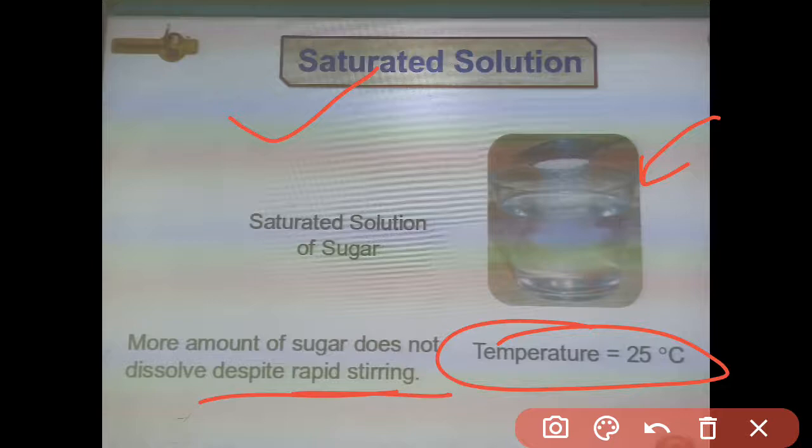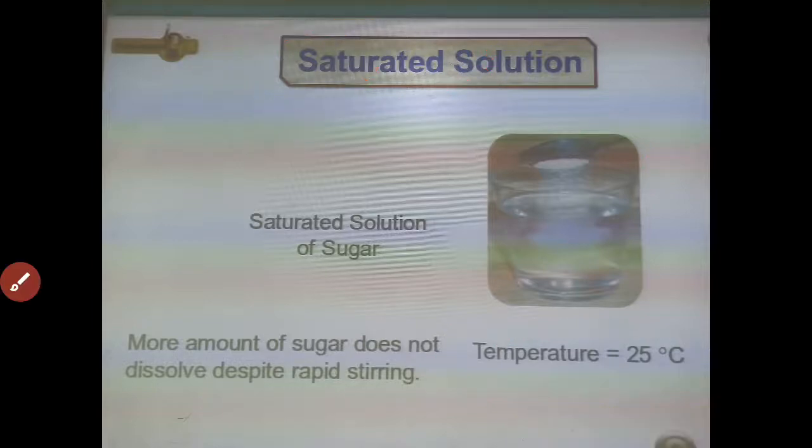Unsaturated means in which more amount of solute can be dissolved again and again. But at the time when no more solute can be dissolved, at that time it will be called the saturated solution. So this is the difference between saturated and unsaturated solution.